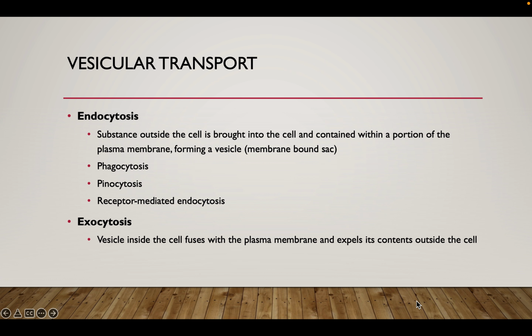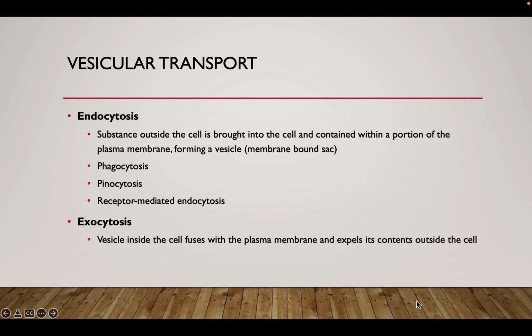It is enclosed within a vesicle, and then that vesicle, once on the inside of the cell, kind of pinches off from the rest of the plasma membrane and becomes its own separate membrane enclosed vesicle, this little sac. But what it's surrounded by, what's making up this membrane, is a portion of the plasma membrane. Okay, I think it'll make a little bit more sense whenever you look at a picture of it.